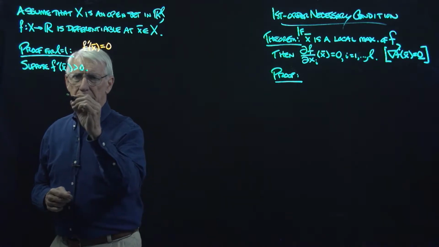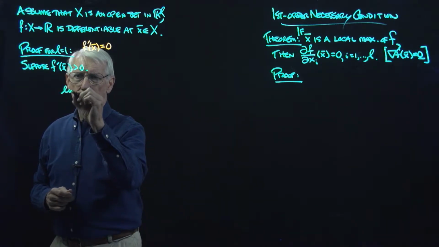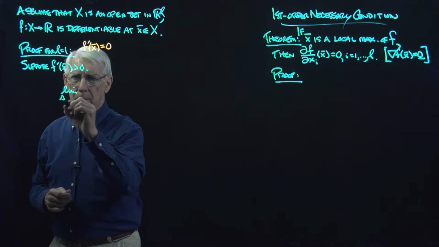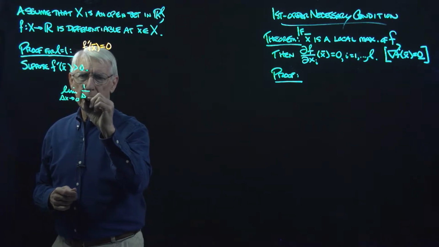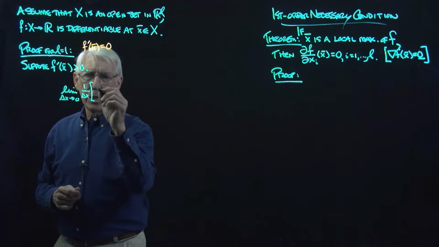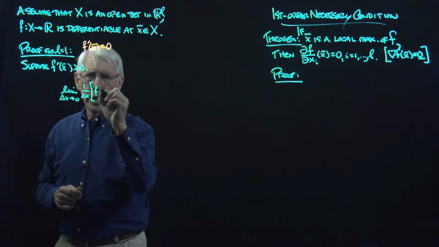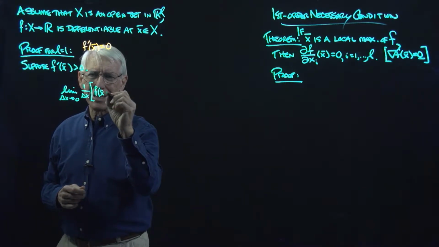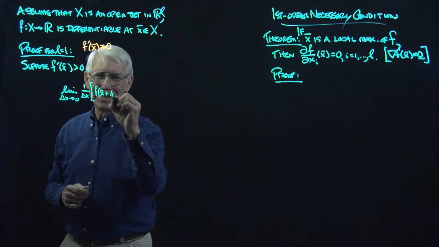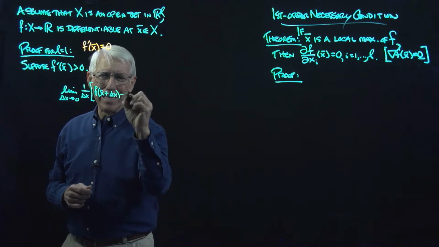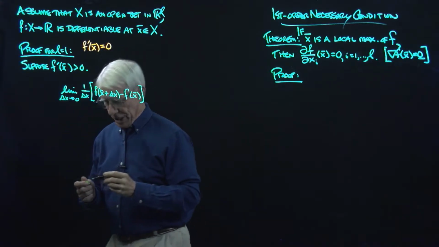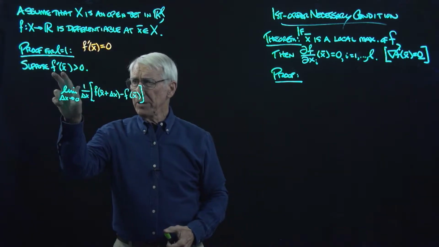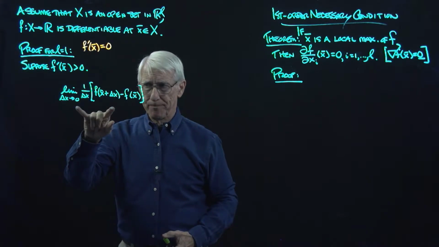The derivative is the limit as delta x goes to 0 of 1 over delta x times f of x bar plus delta x minus f of x bar. And so this derivative is this limit.